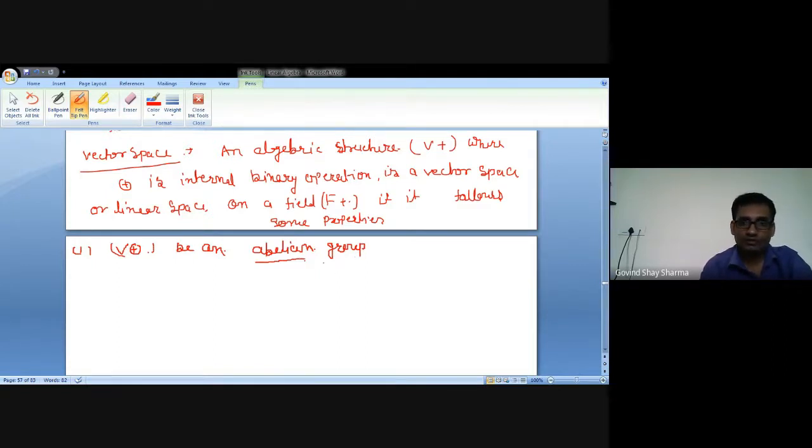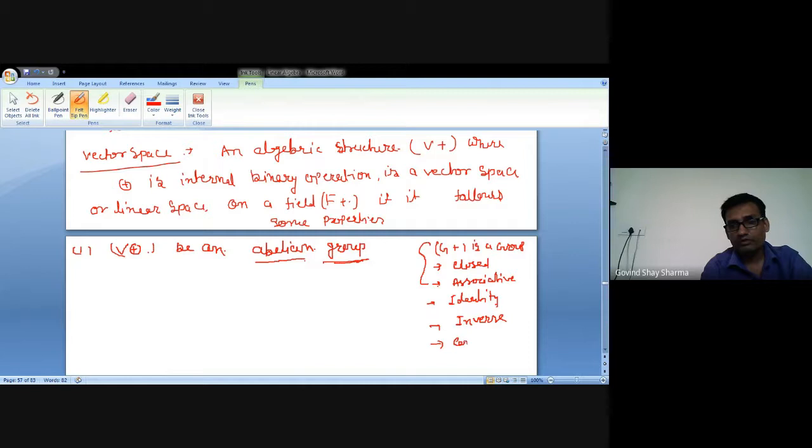So (G, +) is a group if: first, closed; second, associative; third, identity element; fourth, inverse; and fifth, commutative. This is the first property; when an algebraic structure shows this, it is called an abelian group.